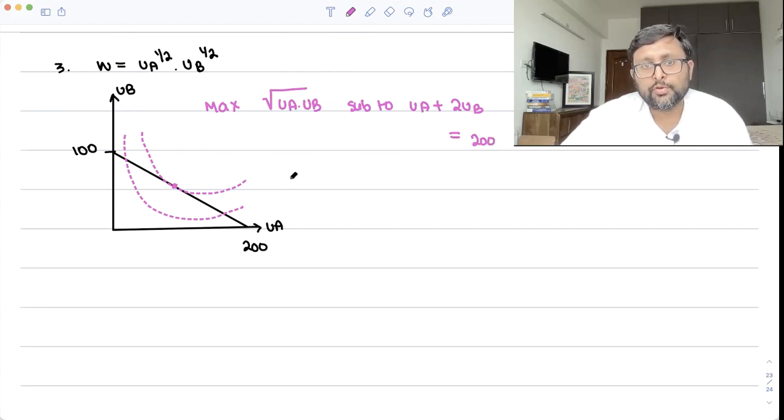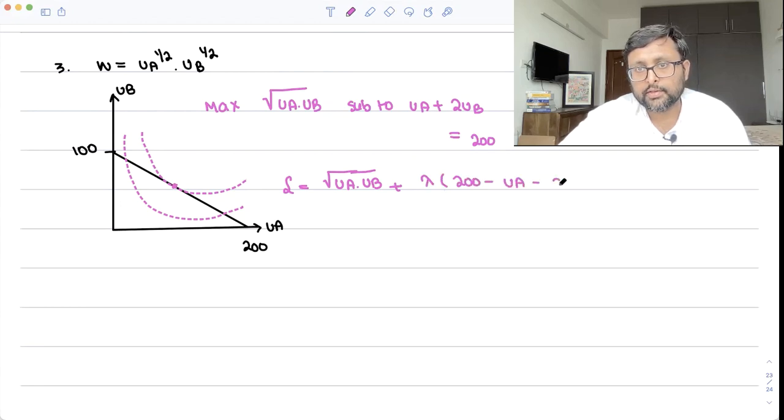So you just set up the Lagrangian, which is root of UA, UB plus lambda times 200 minus UA minus 2UB.